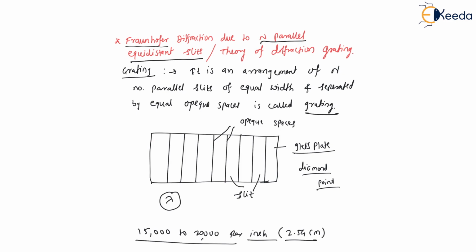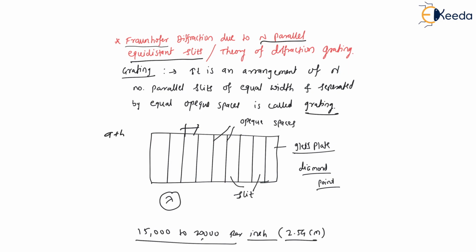Then sometimes they ask the advantages of increasing the number of lines in the grating. So now tell me, what will happen as you increase the number of lines? The spacing of these lines will ultimately decrease.